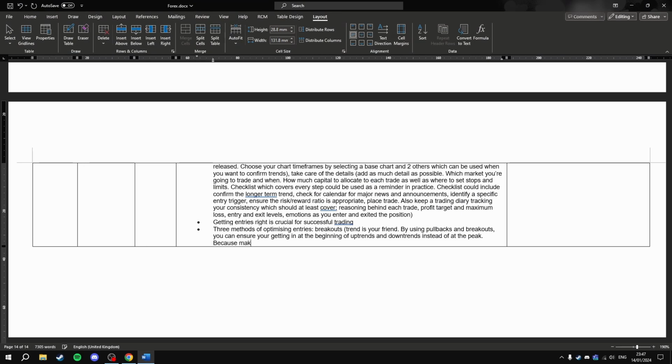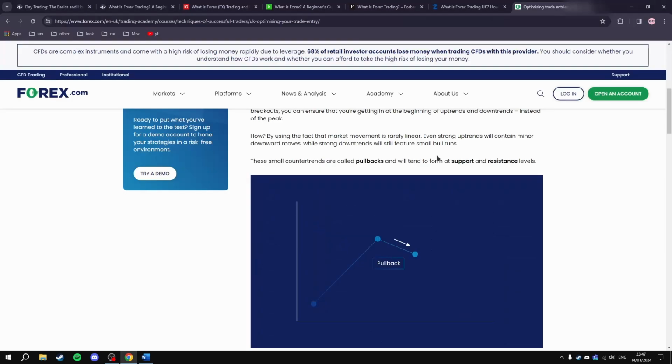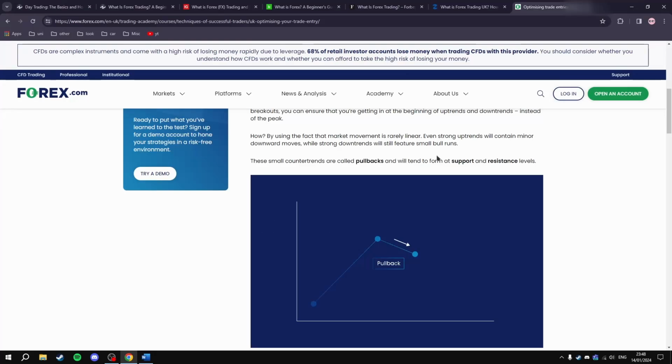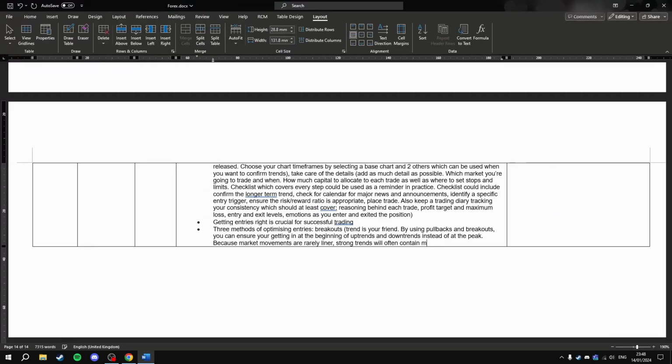Because market movements are rarely linear, strong trends will often contain small trends in the other direction.